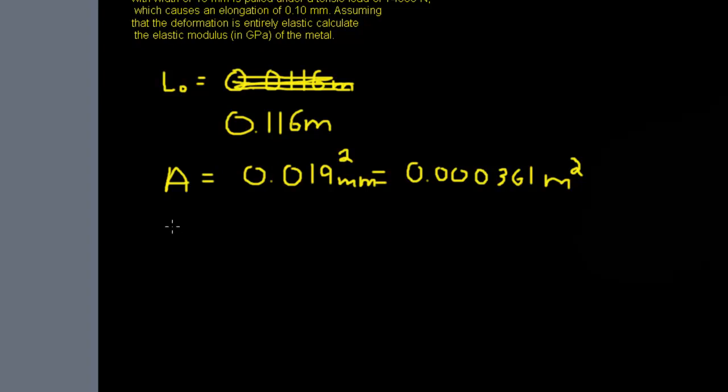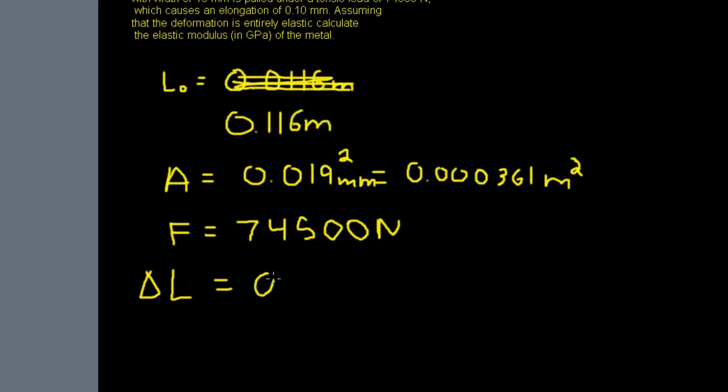Now the load, the force, so we're getting closer to each of the variables. The force is 74,500 newtons. That's all we have to do, with no conversion. And the change in length causes an elongation of 0.1 millimeters.